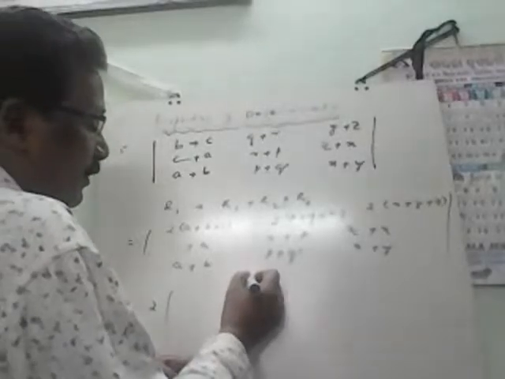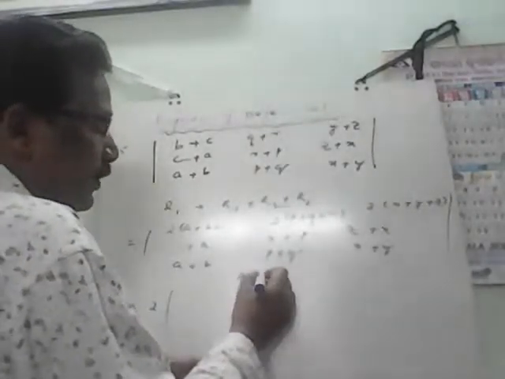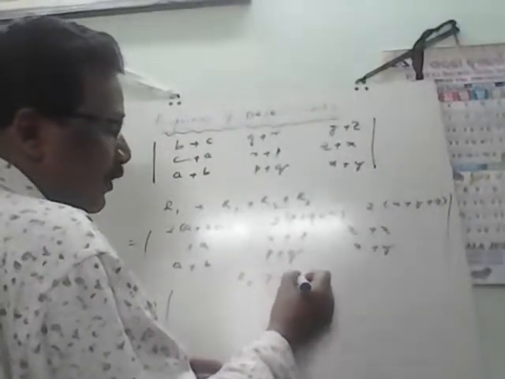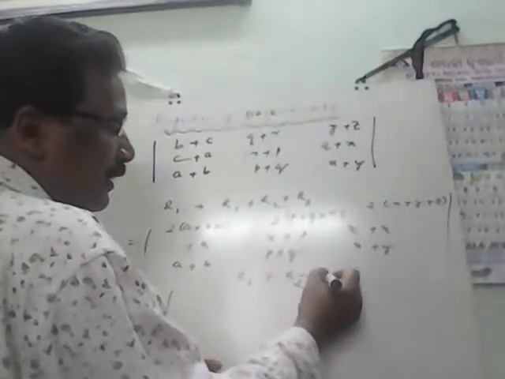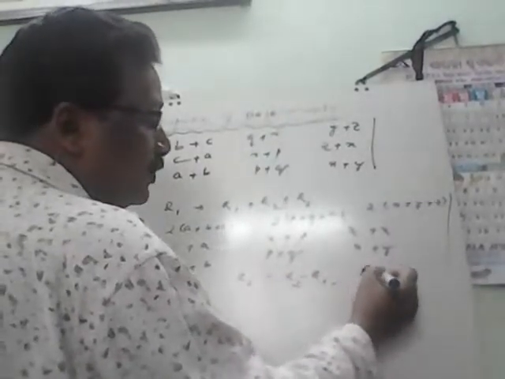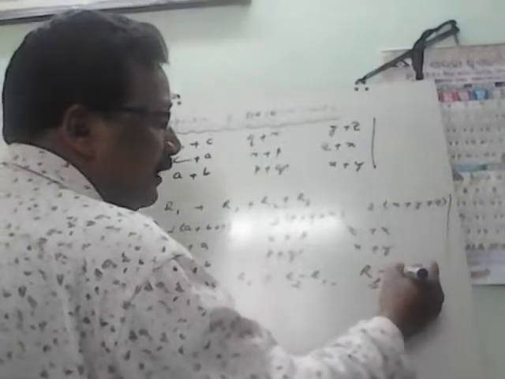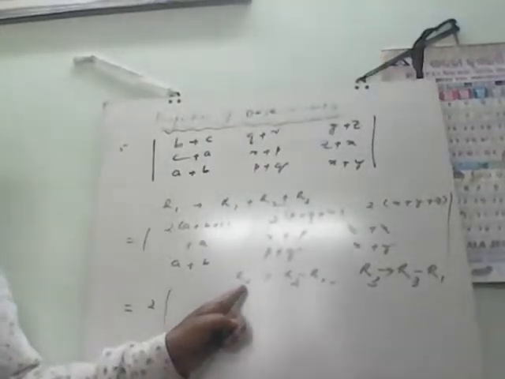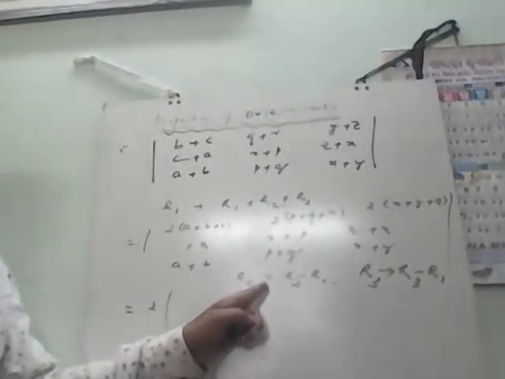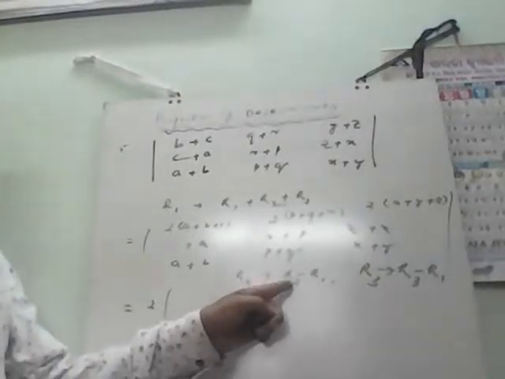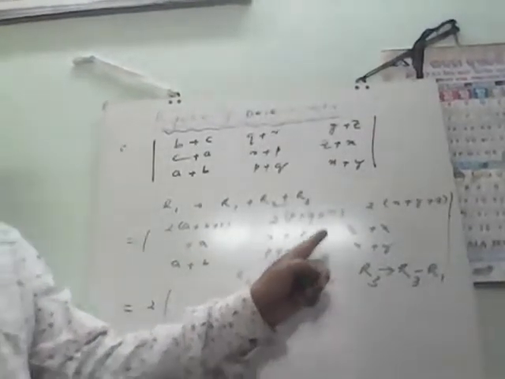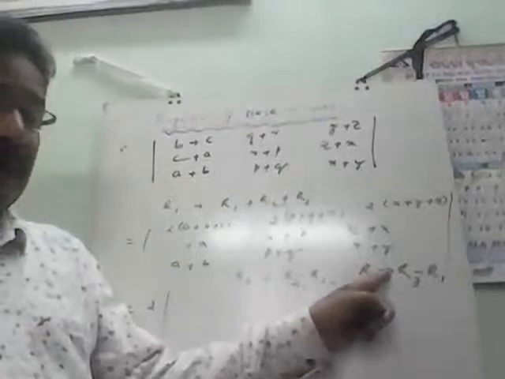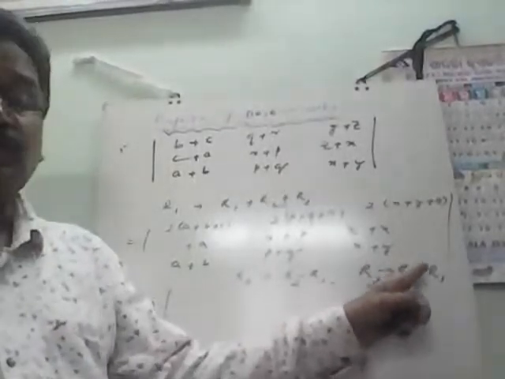Row 2 replaced by row 2 minus row 1. Row 3 replaced by row 3 minus row 1. Use it.